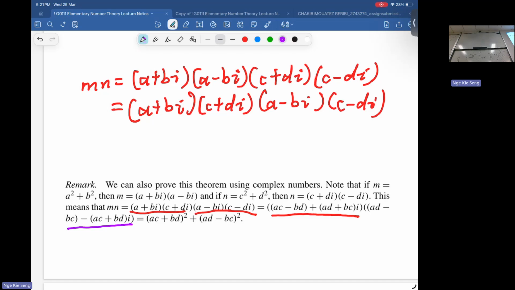But then what is so nice about this relation?